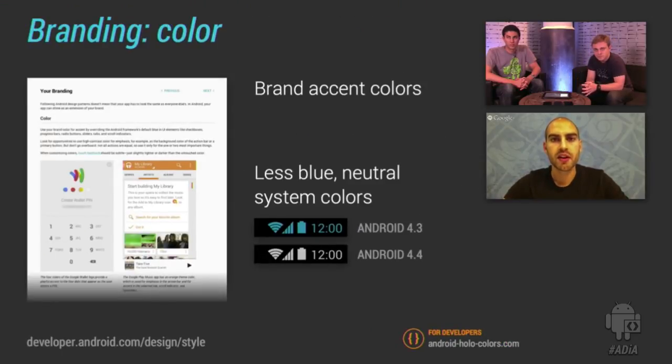They would have this very high contrast blue. So the problem with that was that it could very well clash with the branding and the coloring which you were trying to bring to your app's personality.